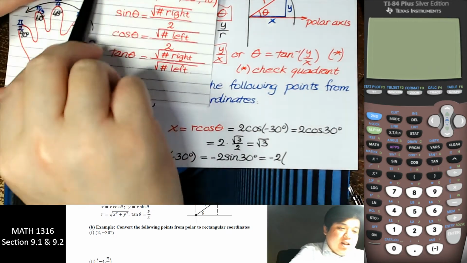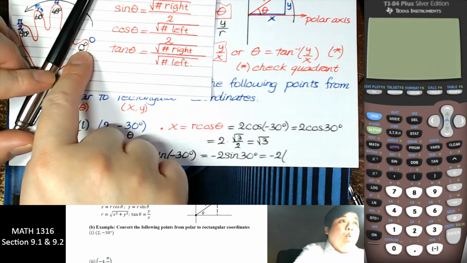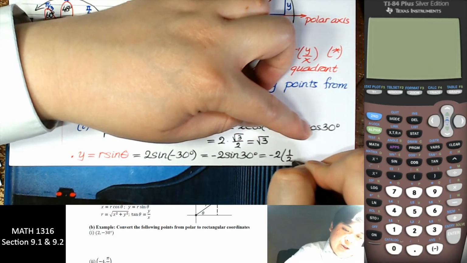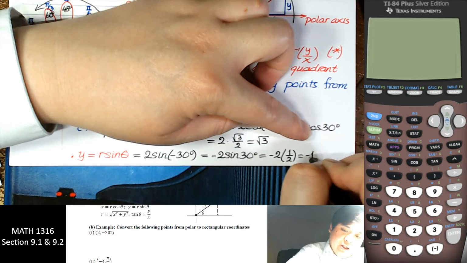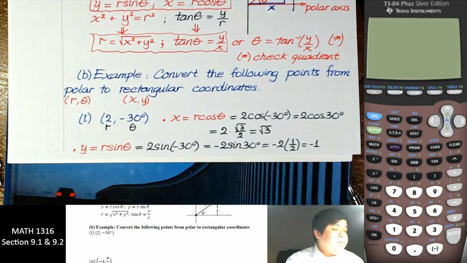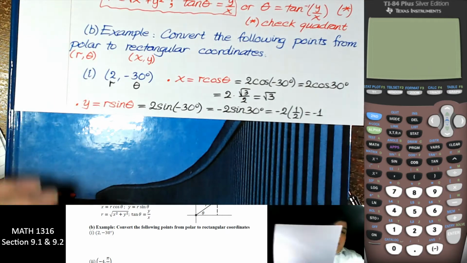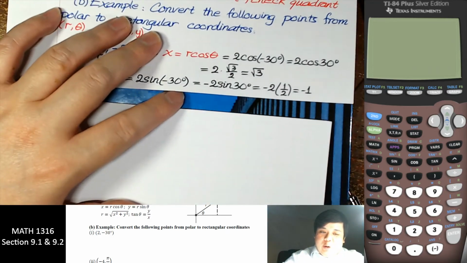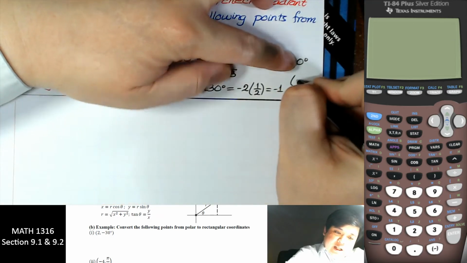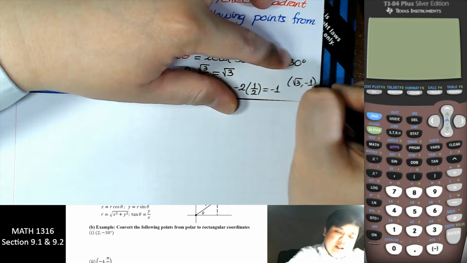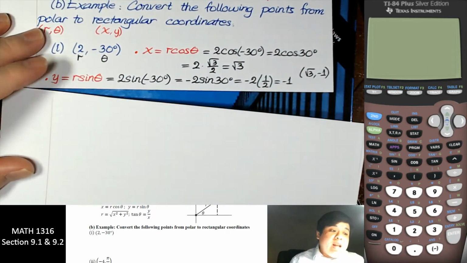And sine of 30 degrees, 1 finger on the right, square root of 1 over 2. So this is negative 1. So, yeah, just that. We have the coordinates x equals square root of 3 and y equal to negative 1. Right, so pretty much that.